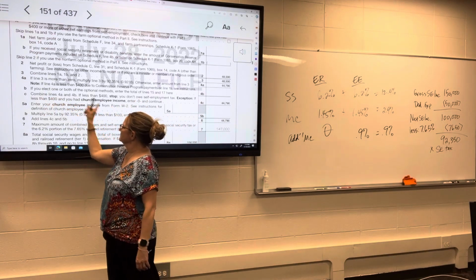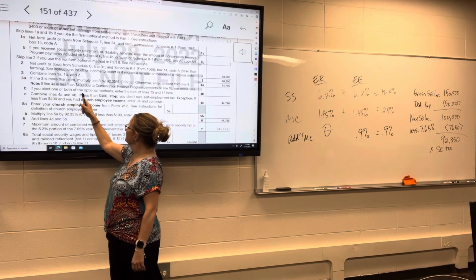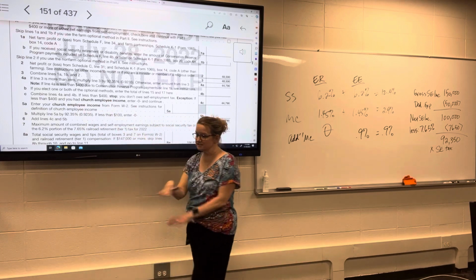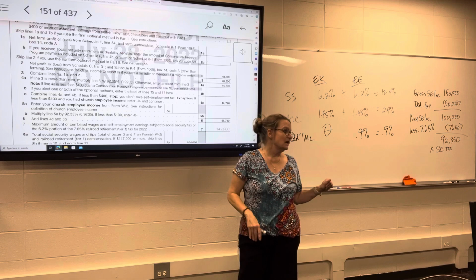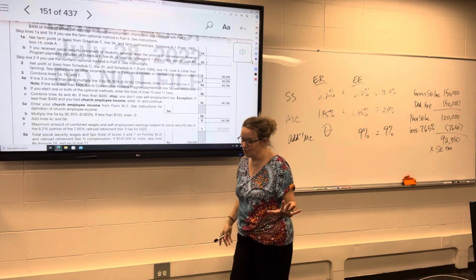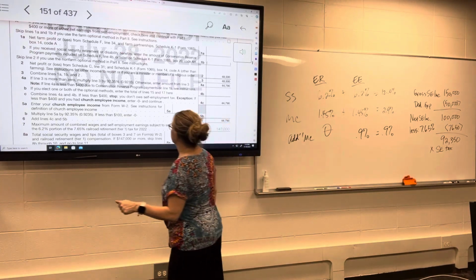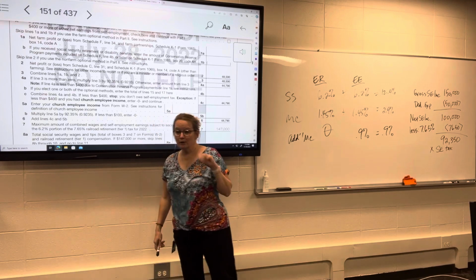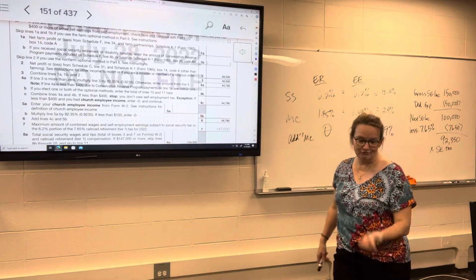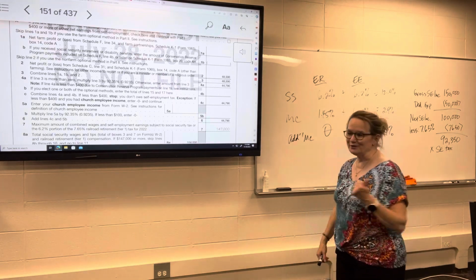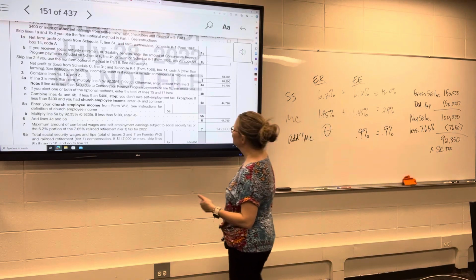Part B is for the other 400. Combine lines 4A and 4B. If it's less than 400, stop. You don't owe any self-employment tax. You still owe income tax on it, but you don't owe any self-employment tax. Now, the real bummer is that if it's $401, you owe self-employment tax on all 401. You don't get a break on the first 400.